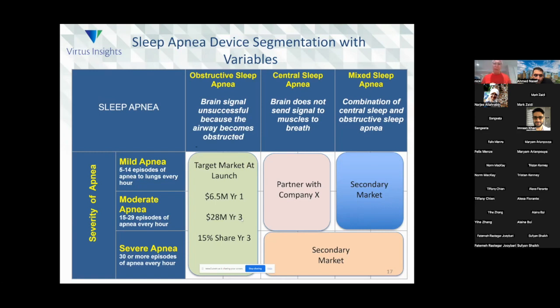And for those of you who are required to do a market segmentation exercise, you now have a little bit of experience of using this tool and doing it this way. It's not the only way. There are other ways of doing it, but this tool is tried, it's tested, it's true, and it works for both companies who are developing therapeutics and companies developing medical devices.